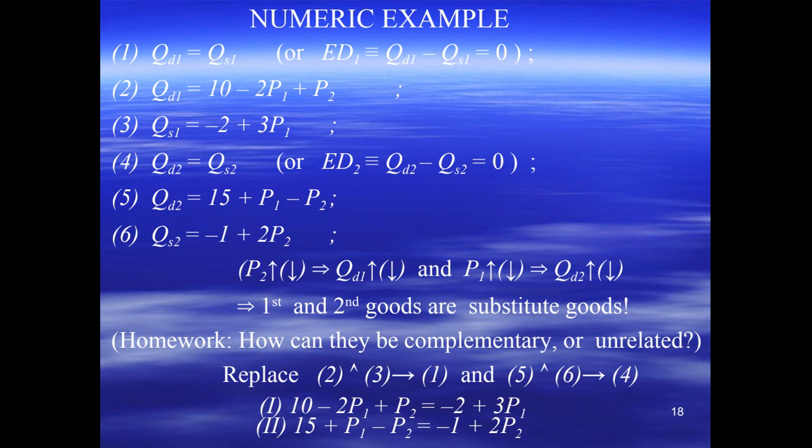Because complementary goods we use together, so that when the price of, for instance, the cars and gasoline, they are complementary, or the cars and tires, they are complementary. But tea and coffee are substitutes, for instance. Or car and, let's say, underground are substitutes.